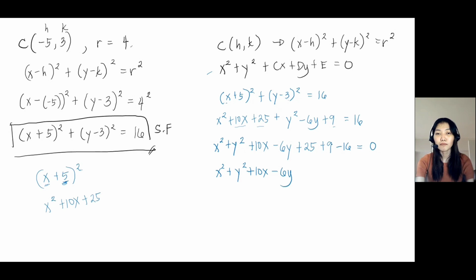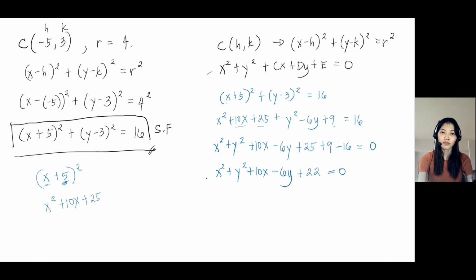So, 25 plus 9 is equal to 34 minus 16. Again, 25 plus 9 is 34 minus 16. That is equal to positive 22 is equal to 0. So, now, is it in the form of x squared plus y squared plus cx plus dy plus e is equal to 0?